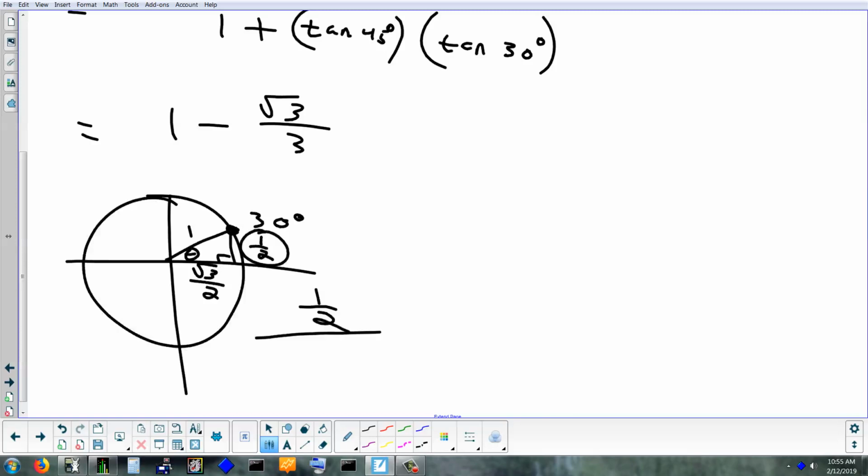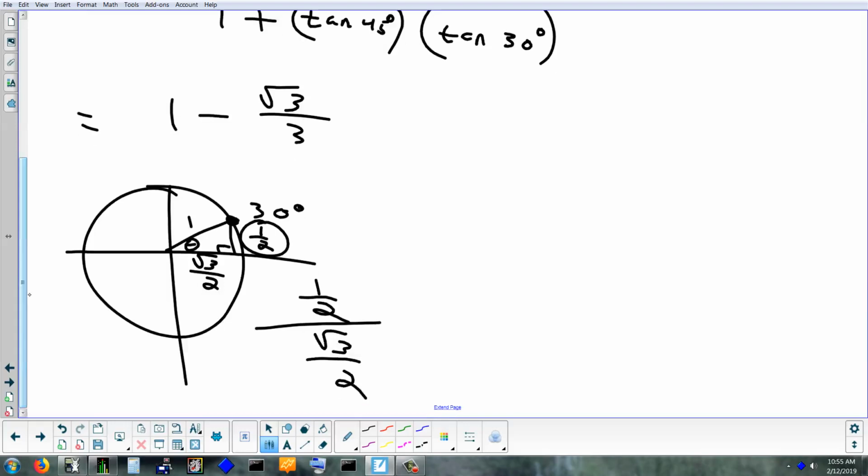When you divide two fractions that have the same denominator, the denominator cancels, or some people think of it as multiplying by the reciprocal. That's the same thing. And you get 1 over the square root of 3. But what's wrong with leaving an answer like that?